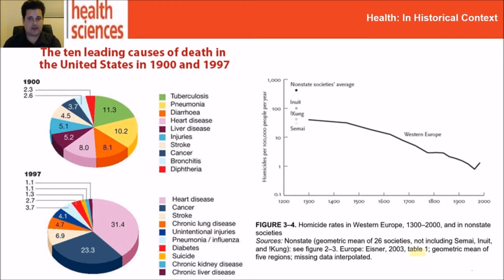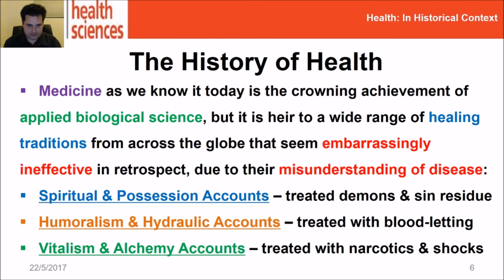And if you look at this other graph over here comparing state and non-state society averages over long histories of time, you can see that we don't die of homicide as much anymore. We've made a lot of progress in these specific domains.